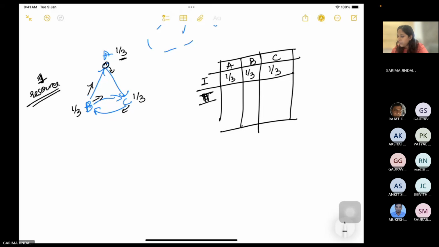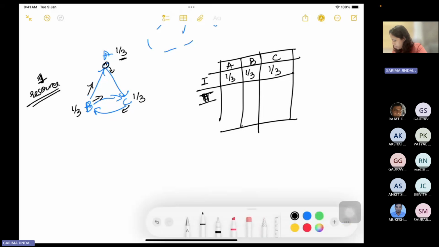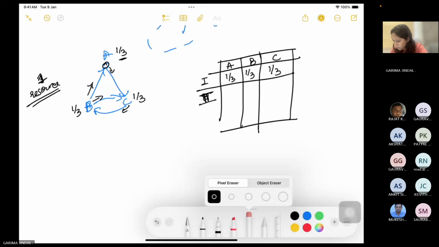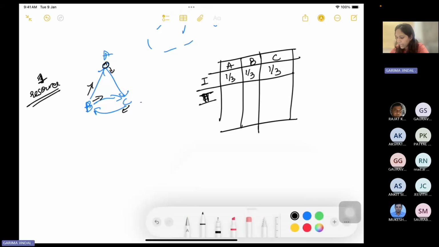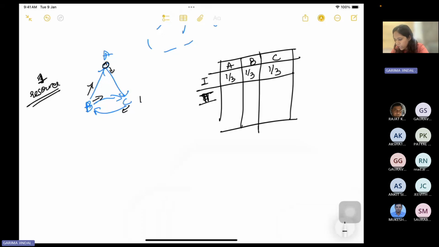Now, in the next iteration, let me erase these scores. A will distribute its resources to C, so C will receive 1/3.